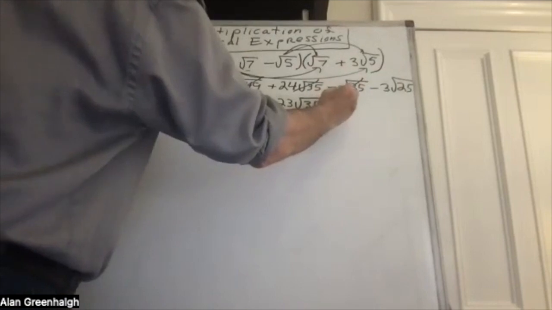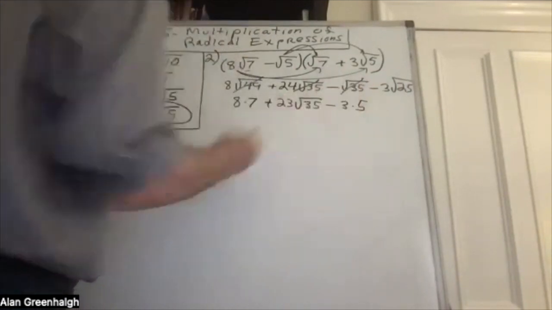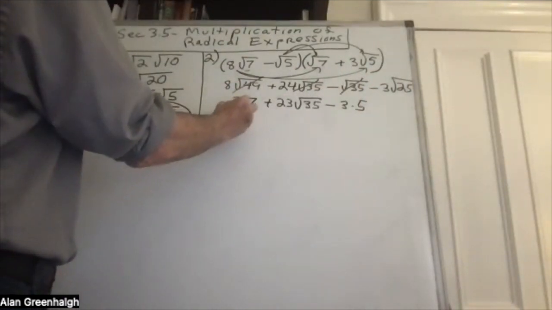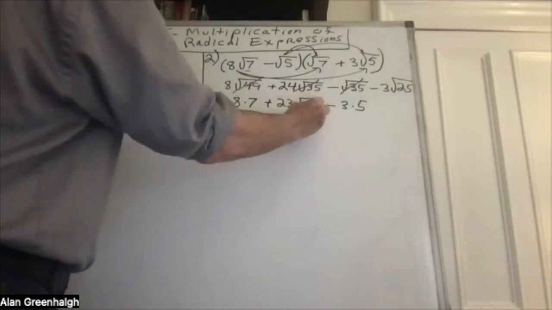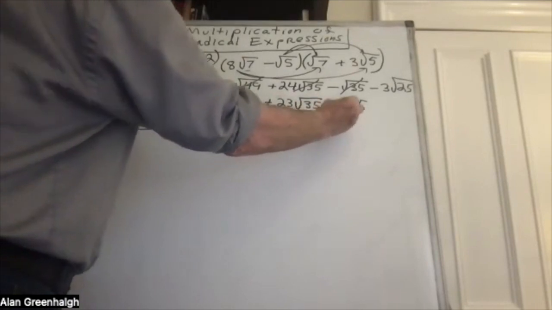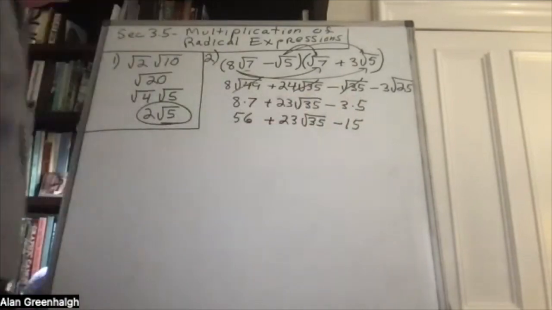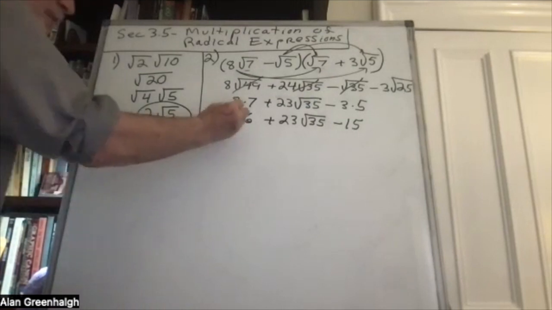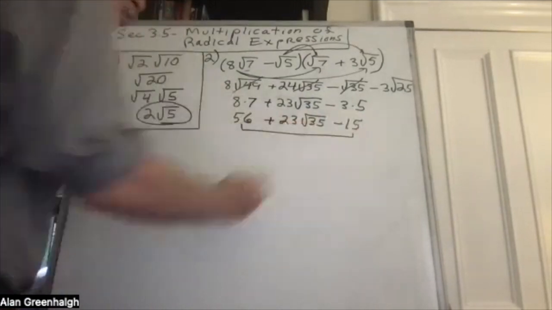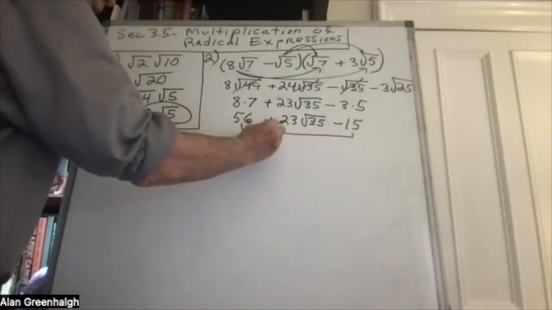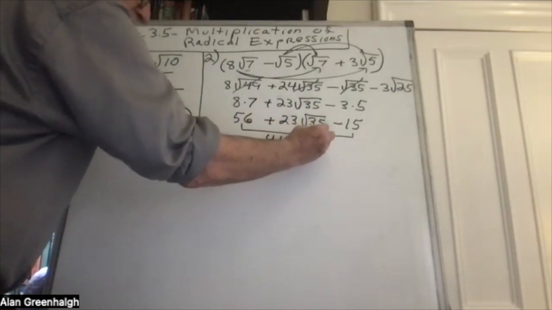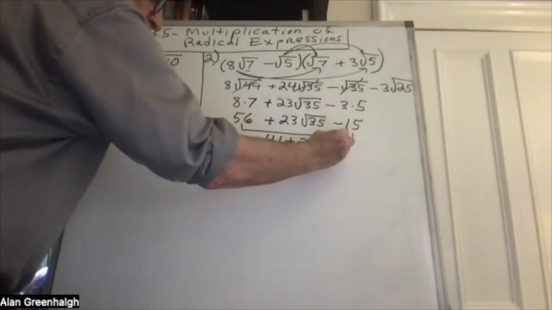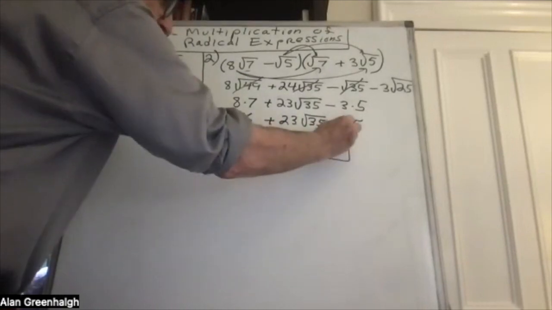And then over there, 3 times 5. So this becomes 56. This becomes 23 times the square root of 35 minus 15. Then we can combine these two, and that gives us 41 plus 23 times the square root of 35. And that's all you can do. Very exciting problem.